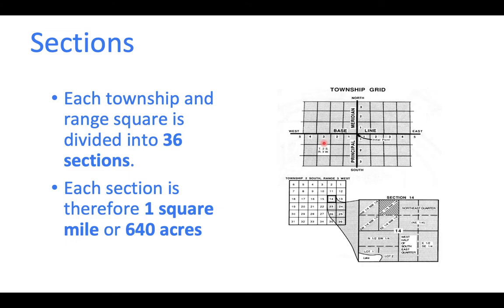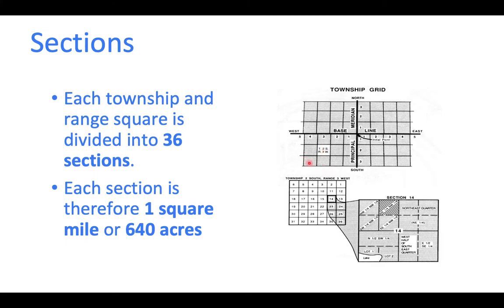But here's the deal. All of these in this row are going to be T2S, right? They're all 2 south of that baseline. So we also need this R value. In this case, because it's over here, we count west of the principal meridian. So 1, 2, 3 squares west.